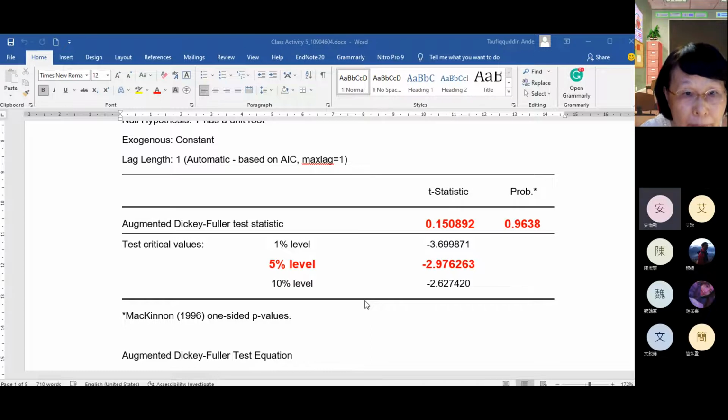This is the first one. Then the critical values, look at them. If you have the textbook, would you please turn to page 400?